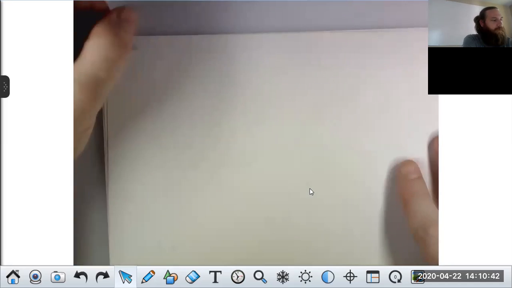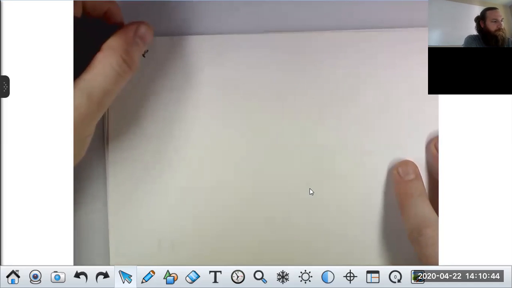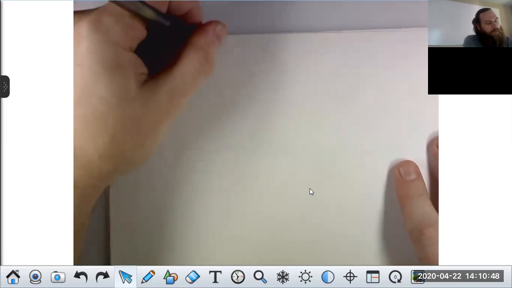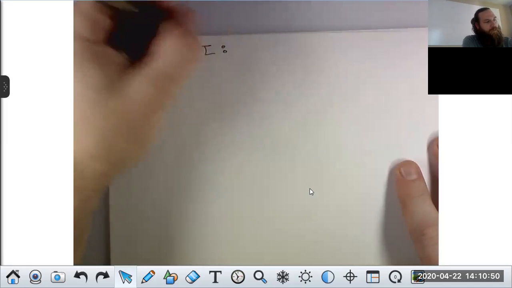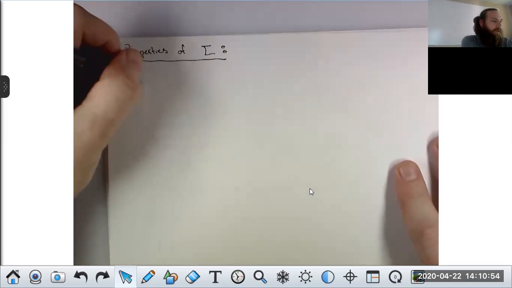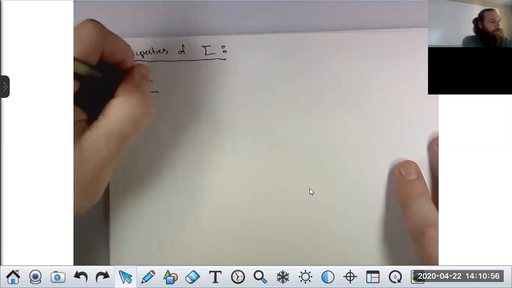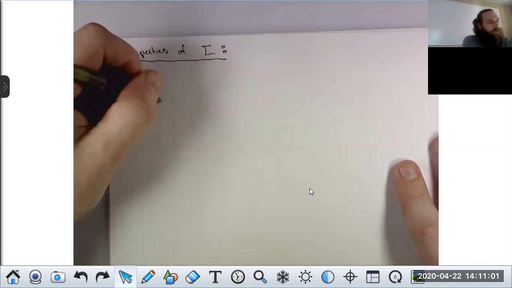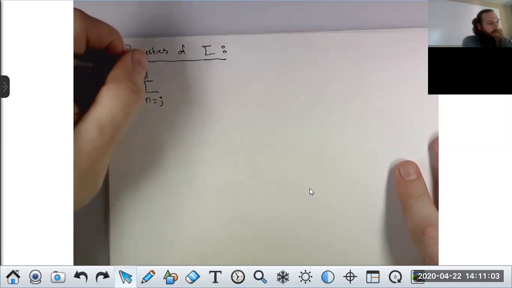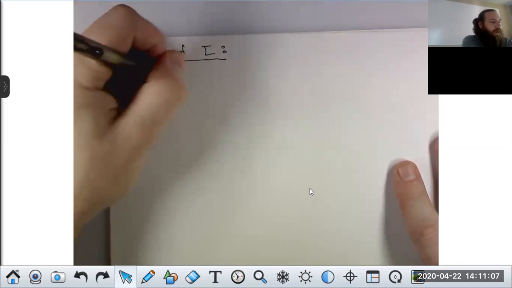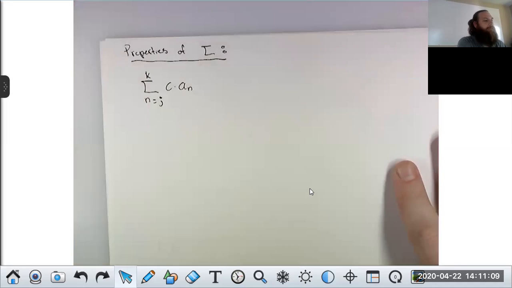So, properties of sigma. If I have sigma n from wherever, it doesn't have to be from 1, it could be from j to k, of some constant times my sequence a_n.